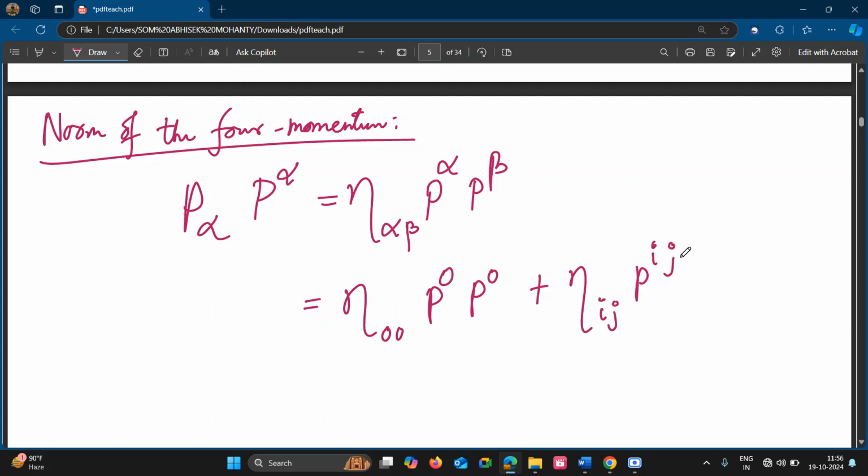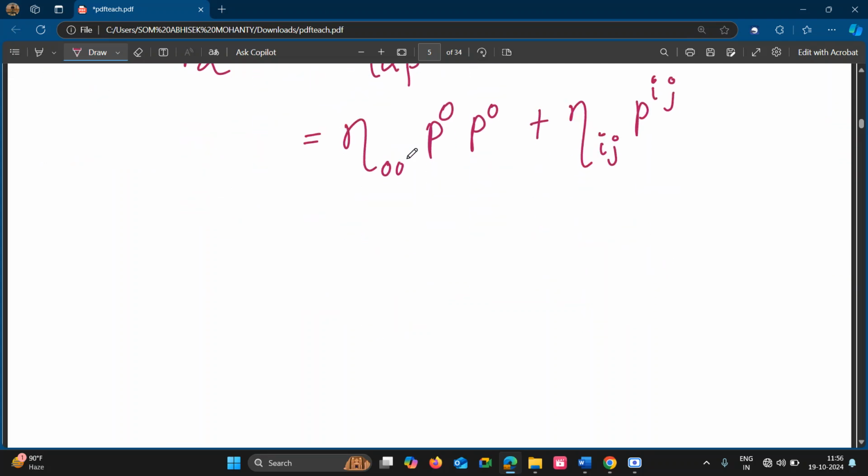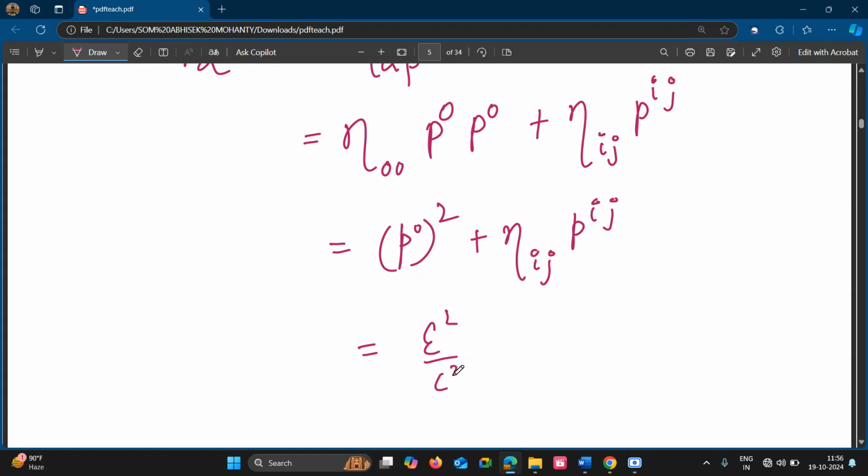Eta 00 is 1, so this gives me P0 square plus eta ij Pi Pj. P0 square is simply E by C, so E square by C square.